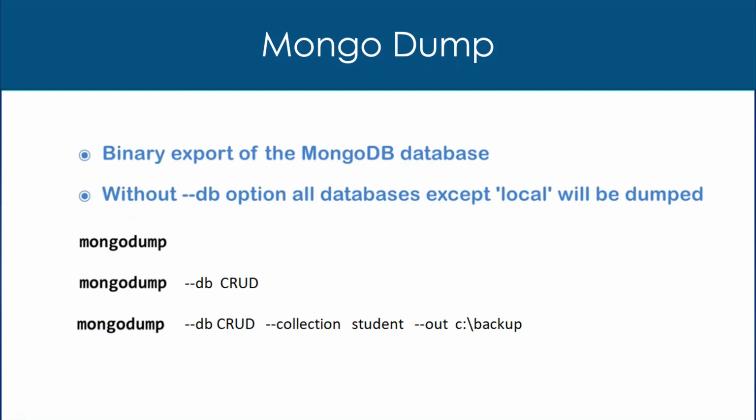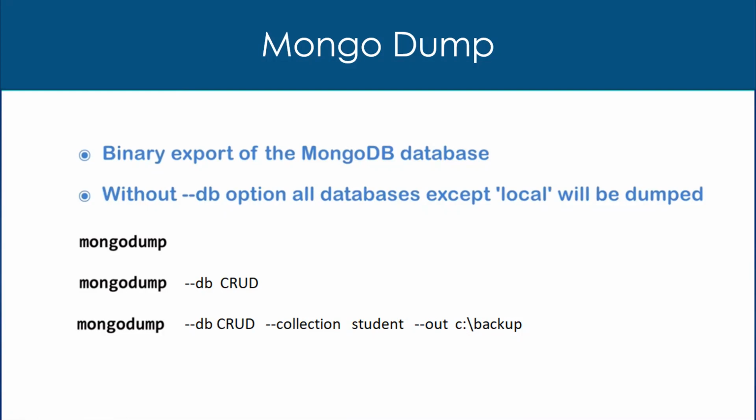You can use Mongo dump in three ways. First, if you use mongodump alone, it will back up every database, every collection, and every document. So Mongo dump is basically used to back up everything.